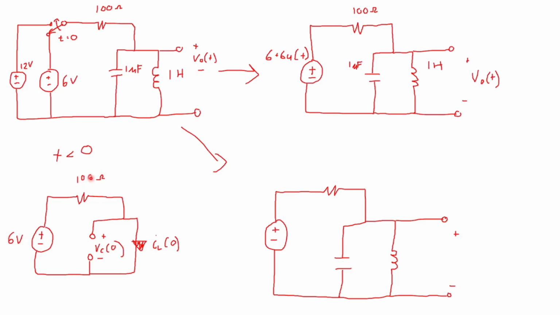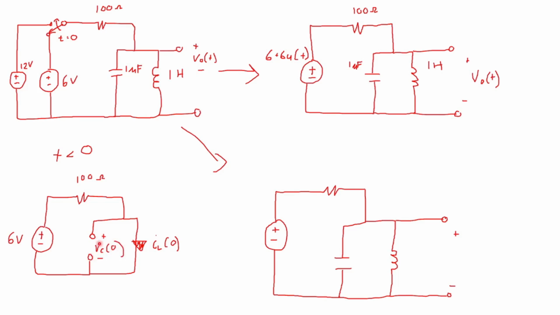We have our 100 ohm resistor, and if the switch has sat in its original position for a long time, the capacitor begins to act like an open, and the inductor acts like a short. So I've drawn that in here. Our initial conditions are calculable in this configuration after it's been allowed to sit for a long time. We know a couple of things right away.